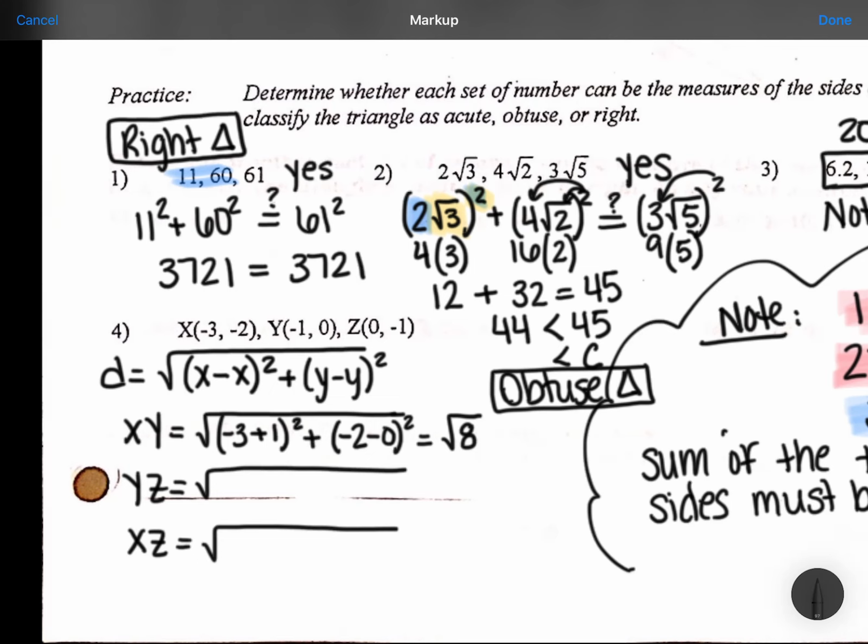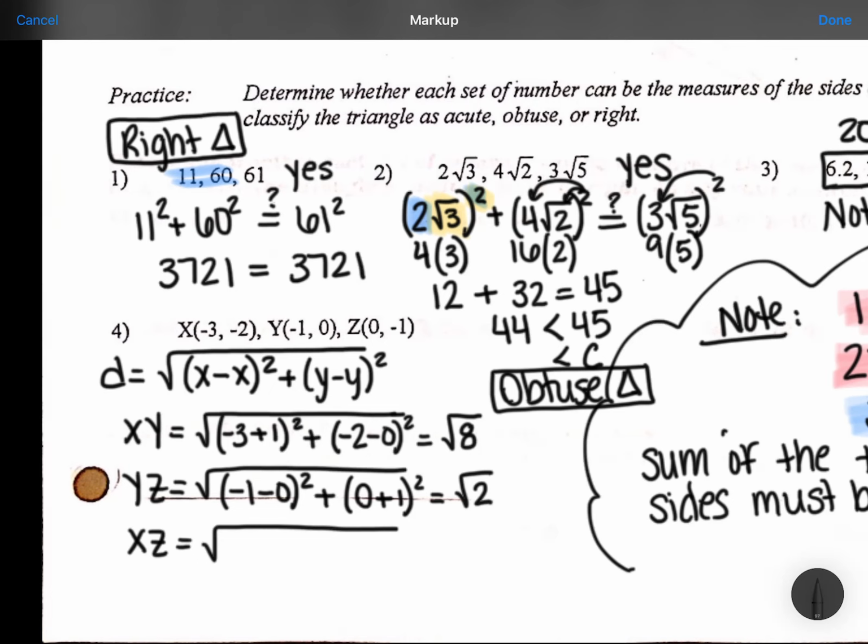We'll do the same thing for yz. So I've got my x's are -1 and 0. Don't forget your squared. 0 take away a -1 is a +1. So mental math tells me that is 1 squared, which is 1, plus another 1 squared, which is 1. 1 plus 1 is 2. So that has a length of radical 2.